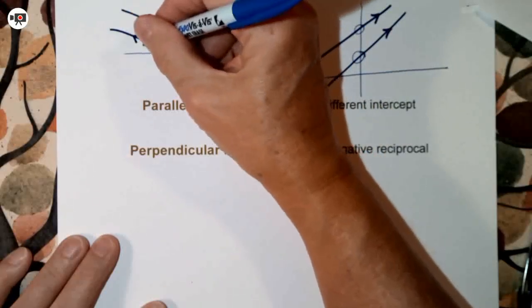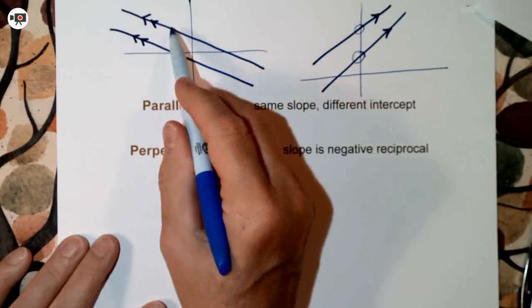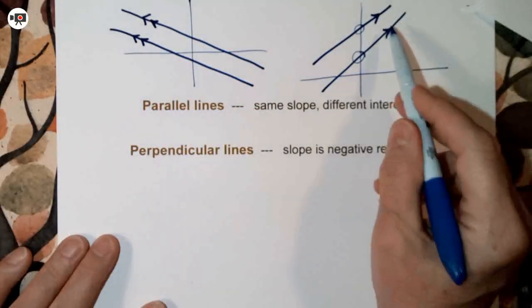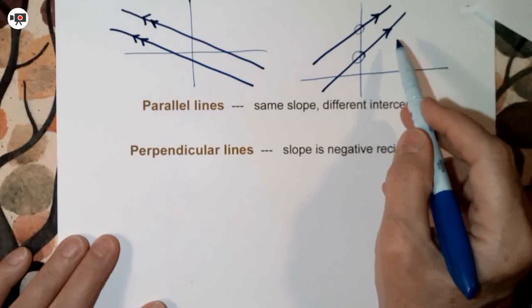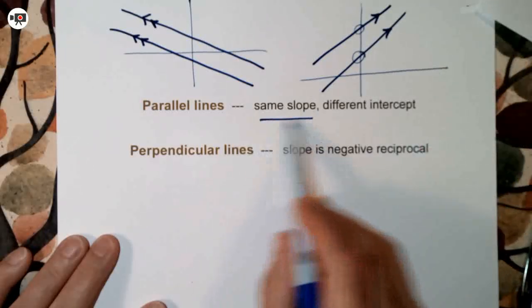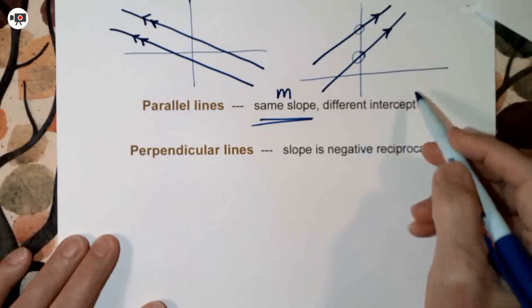So I would mark these different ones with two marks. Two little arrows means these two lines are parallel, and one little arrow and one little arrow says these are parallel even though they look crooked. So parallel lines: same slope, different intercept.